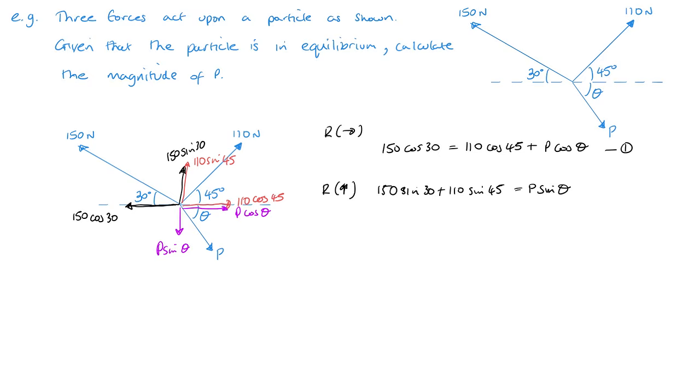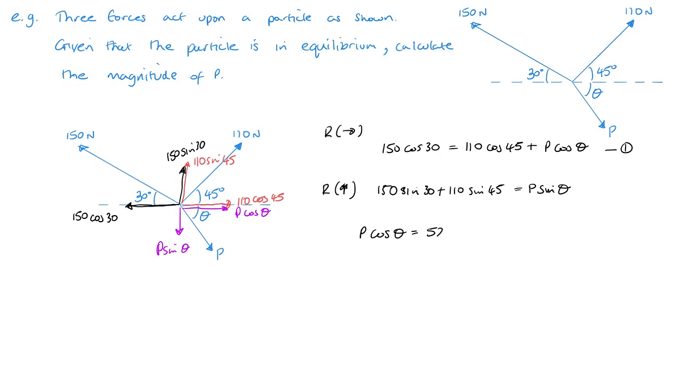So from equation 1, P cos theta is going to be equal to 150 cos 30 minus 110 cos 45.